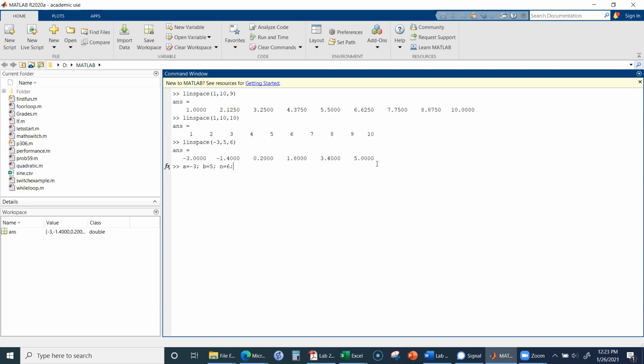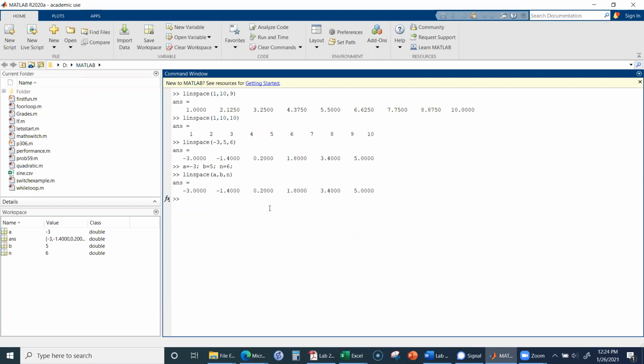And now we use linspace, A comma B comma N, and then close it and enter it, and we will get the same answer. So we can use either the colon operator or linspace, but linspace is easy to use when we want to equally distribute the numbers between two limits.